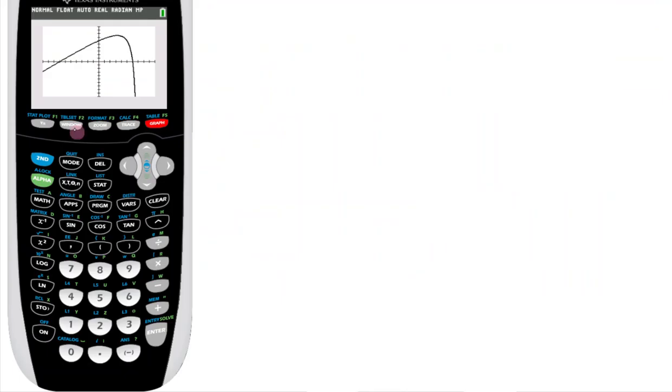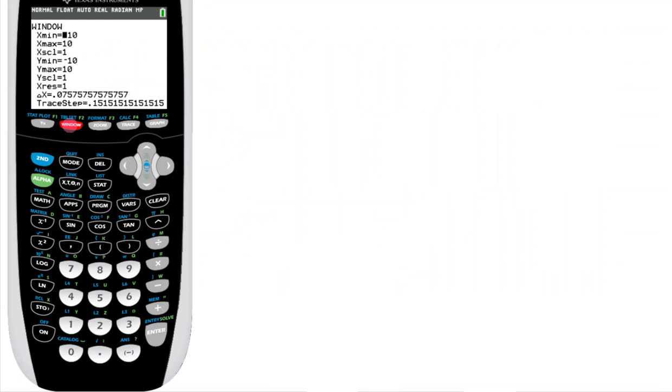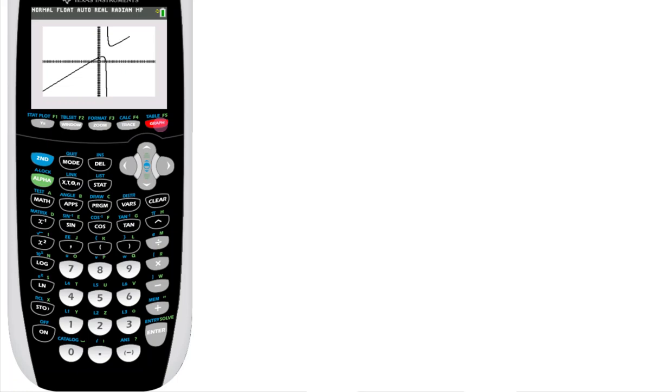So if I go to window and I put negative 50 to 50 and negative 50 to 50 and take a look at the graph, there is one piece and there is the other piece. It's almost like these have been rotated and you're getting things that are, quote, slanted.